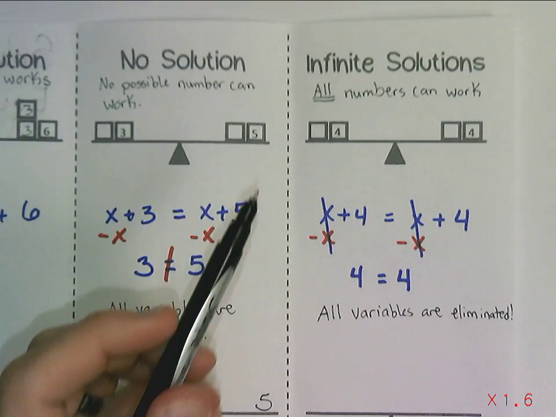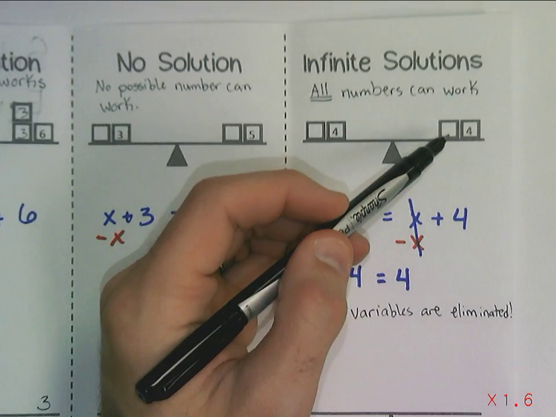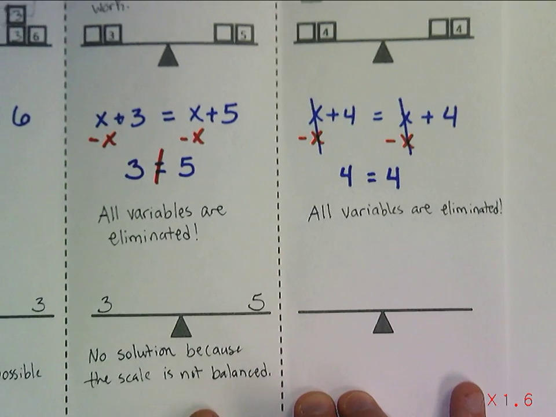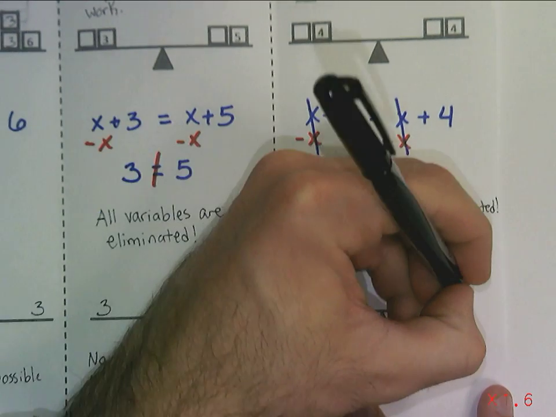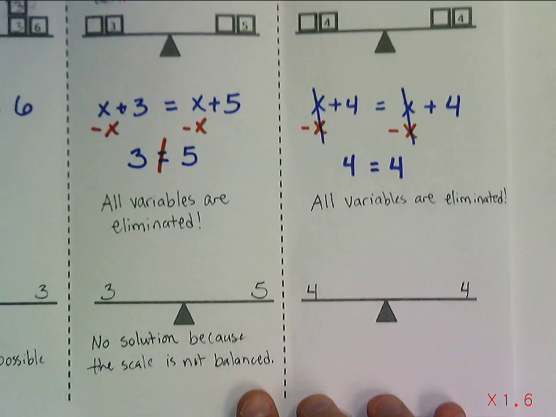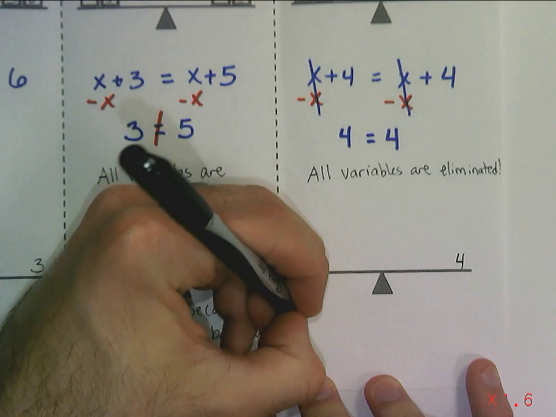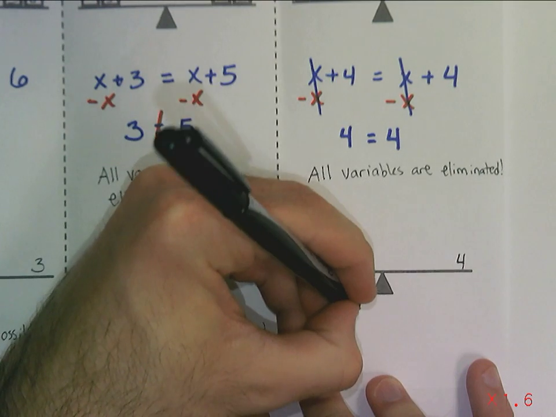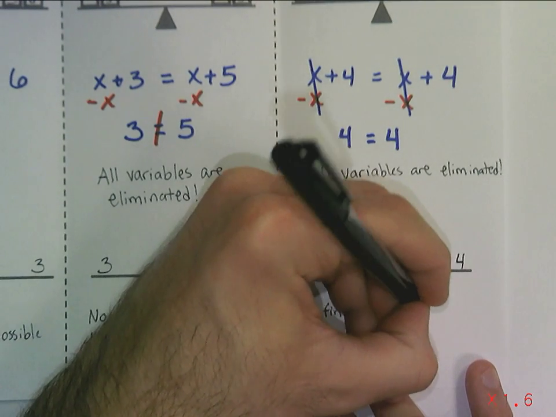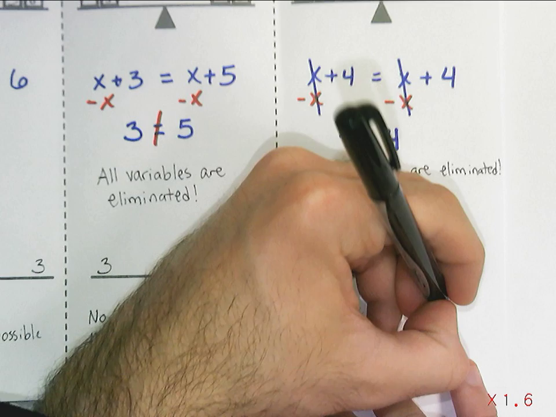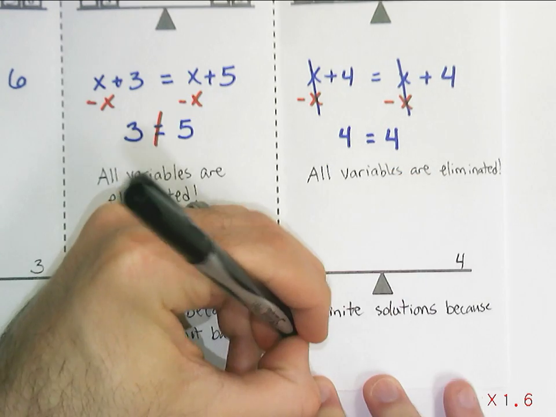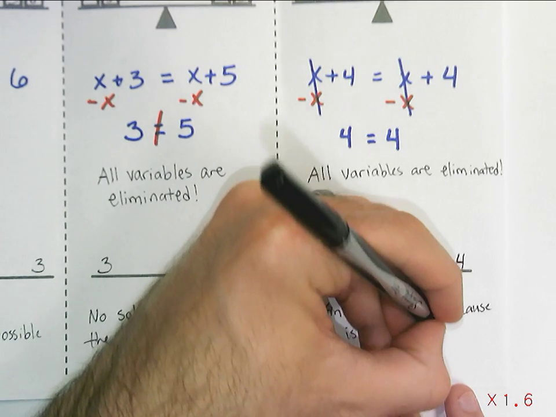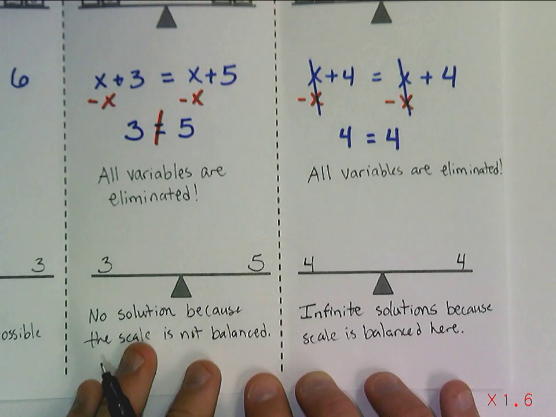And like I mentioned earlier, what that tells us is that no matter what number we put in here, this scale is going to be balanced. So kind of like down here then, if I'd put 4 here and 4 here, I would end up with a balanced scale. So we can say infinite solutions because the scale is balanced.